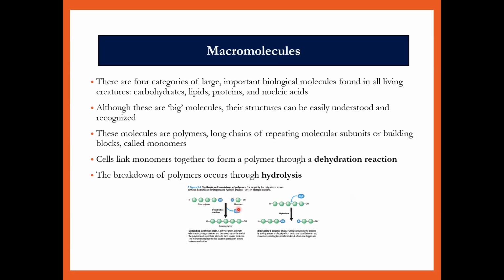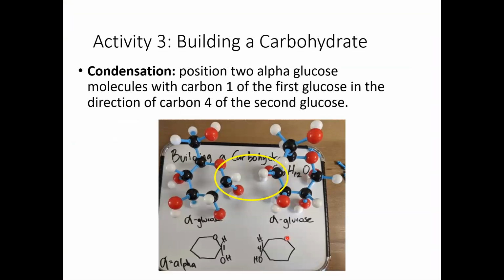It will form a water molecule, and in the process, these two can combine now to form a longer polymer. So these monomers will come together to form a polymer through dehydration or condensation. Now, if you have a large polymer and a water gets introduced here, the breakdown of polymers occurs through hydrolysis. So now you have these two separate monomers, and we're going to do that with the structures we built.